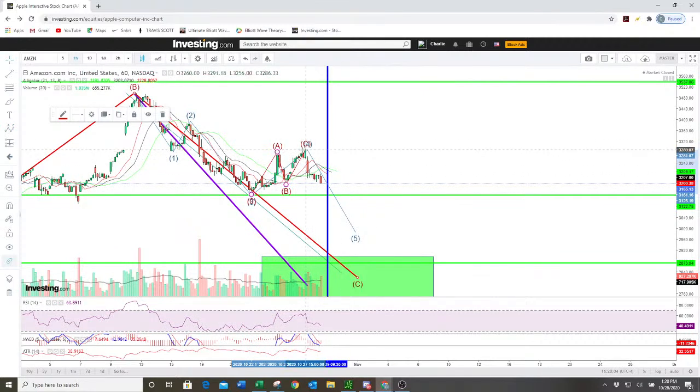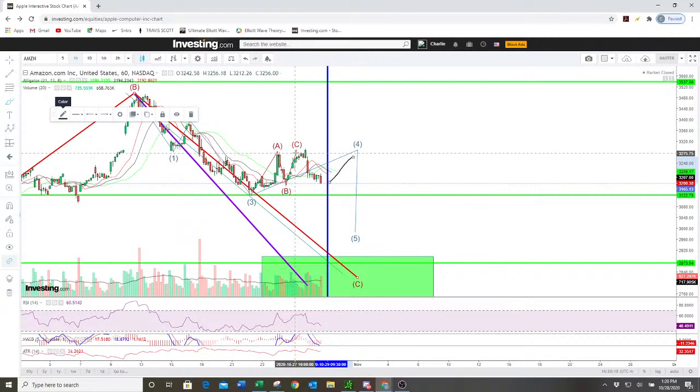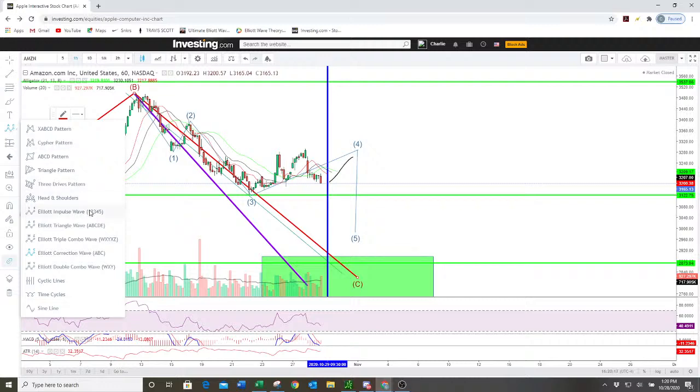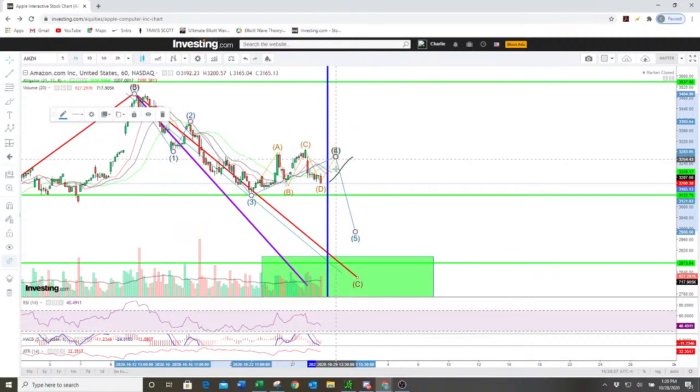You're saying, okay, what if tomorrow Amazon goes up, what if it goes up and it goes this way? Well, what might end up happening is an extended A, B, C, D, E triangle, right? Where we have an A, a B, a C, a D, and then somewhere like an E. We're still going to have a move down.